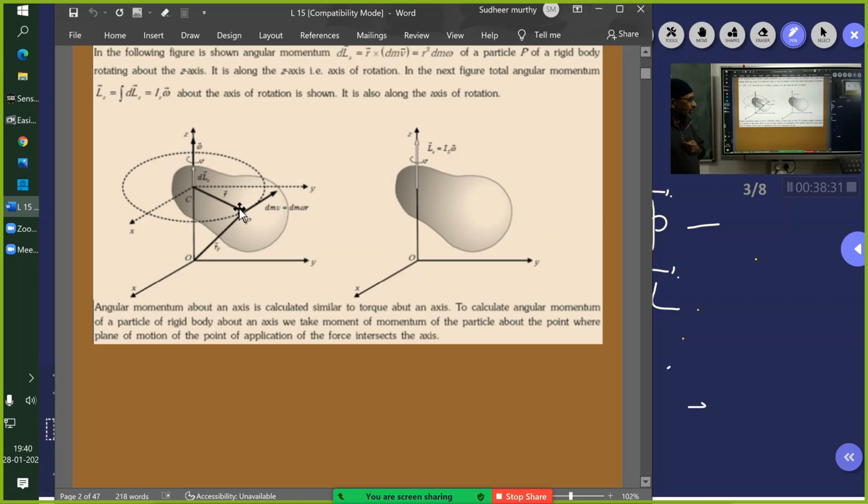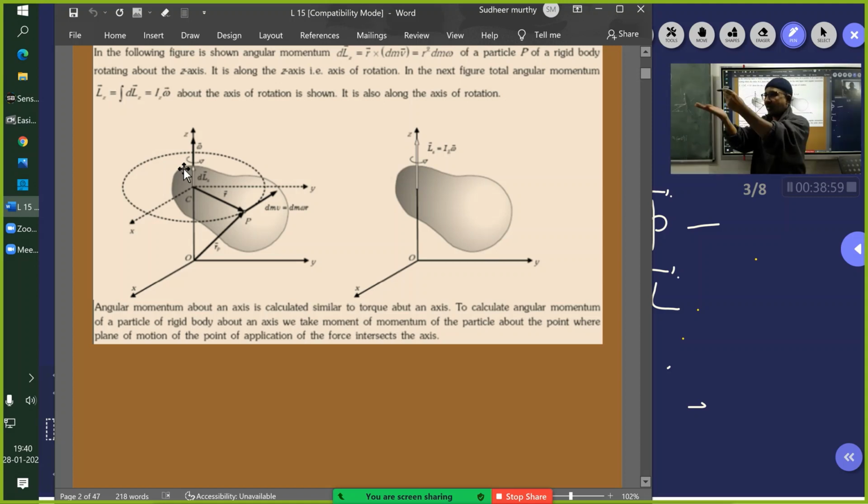Now these two vectors, dmv bar and r bar, are in the same plane. And this plane is intercepting this axis.